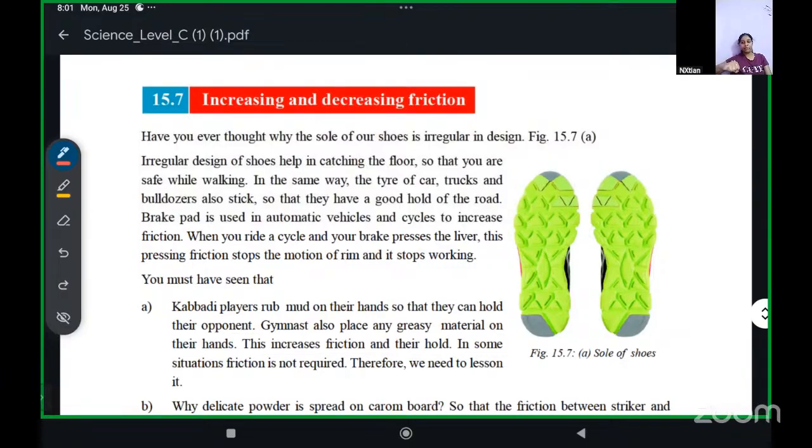When you press the brake, it slows down the movement, and eventually your cycle stops after the rim is stopped by pressing the brakes.